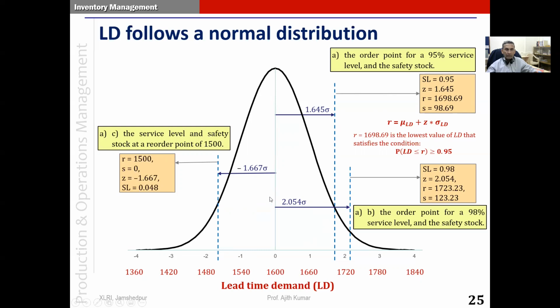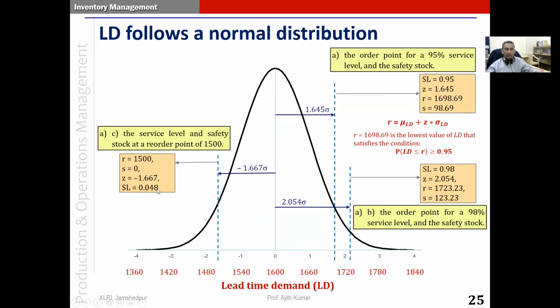So to find the service level, what we need to do is to compute the area under the curve from minus infinity till this point. And again, if we go to suitable software, or if we use the Z table, we get this area under the curve as 0.048.